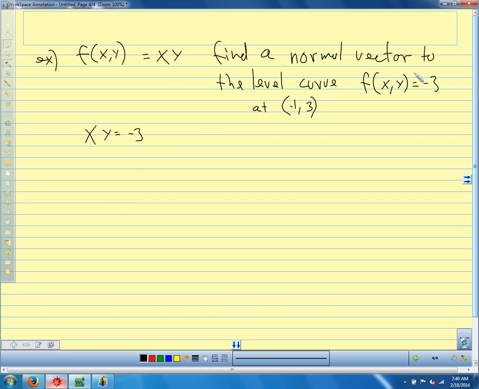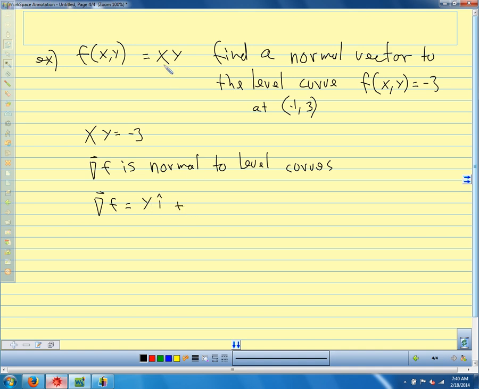And we know this normal vector to a level curve, that's asking us really in code to find the gradient. Del f is normal to level curves. So it's asking us to find the gradient. So del f, what is the gradient of this function? The derivative df/dx in the i direction. So what's the derivative of this with respect to x? y. So we get yi.